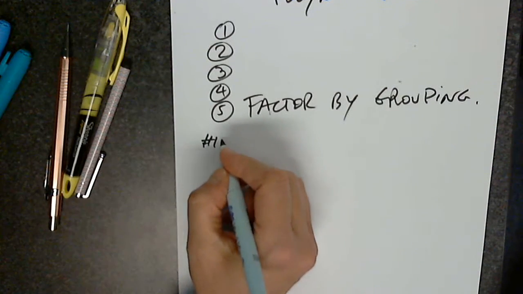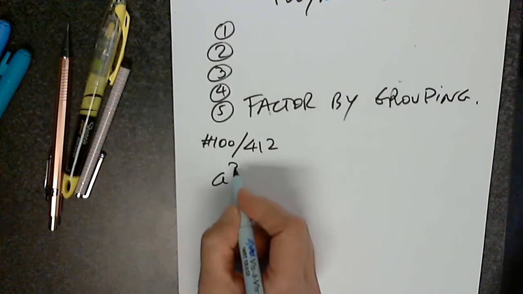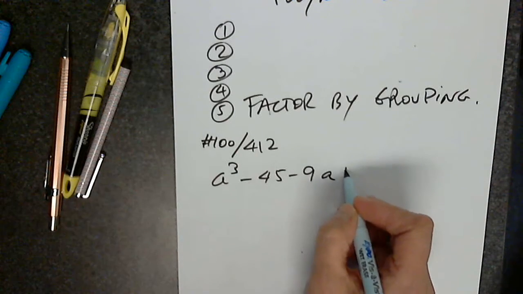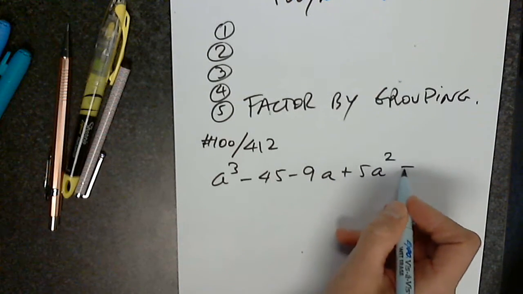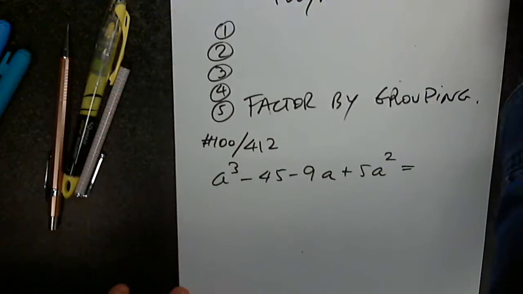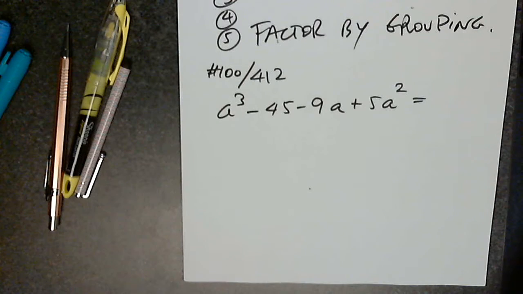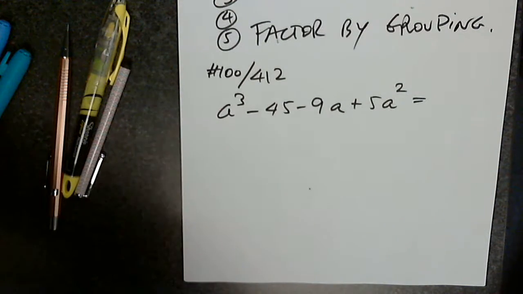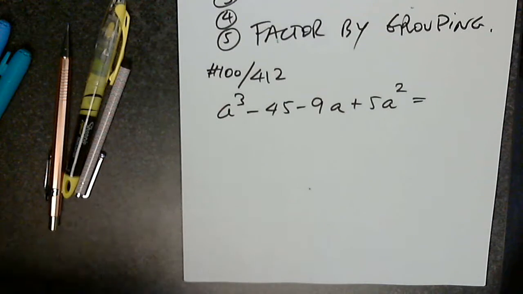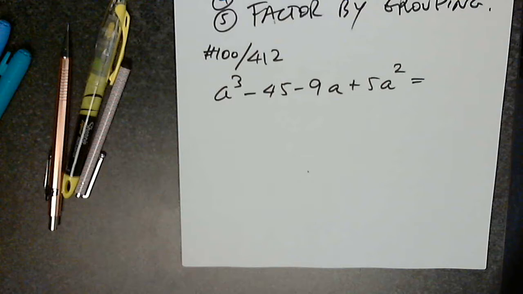Number 100 on page 412. A to the third minus 45 minus 9a plus 5a squared.